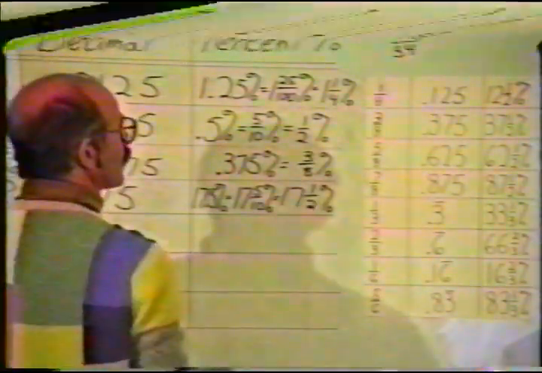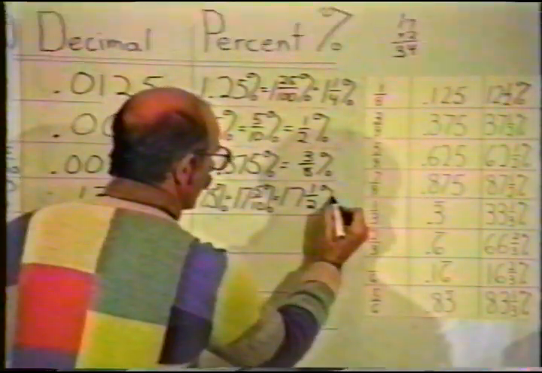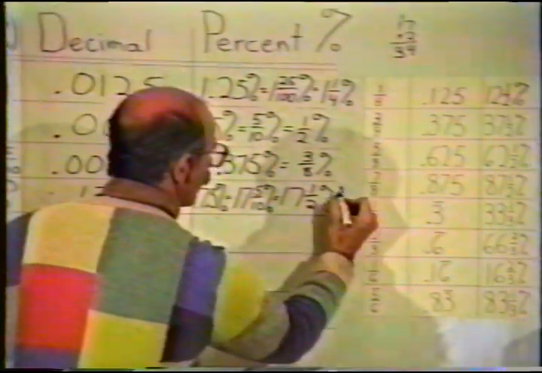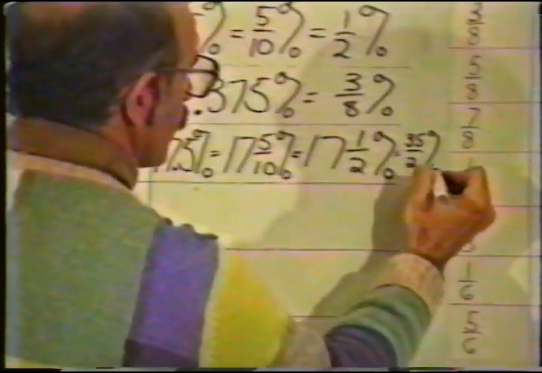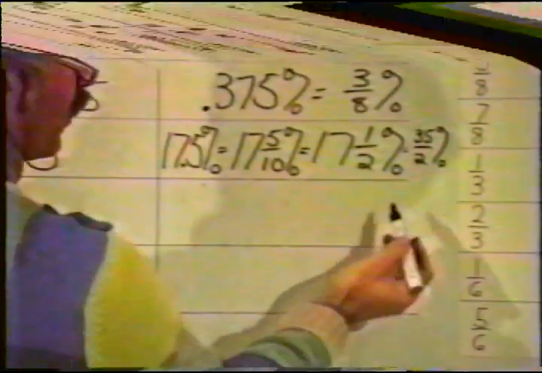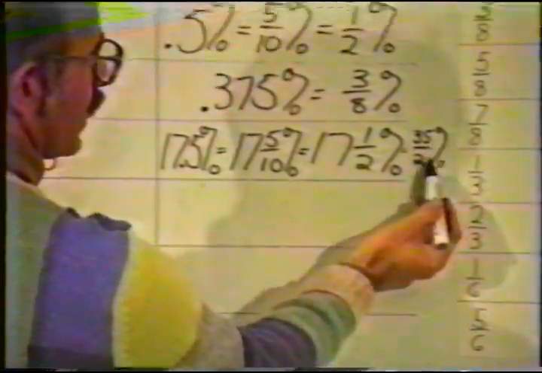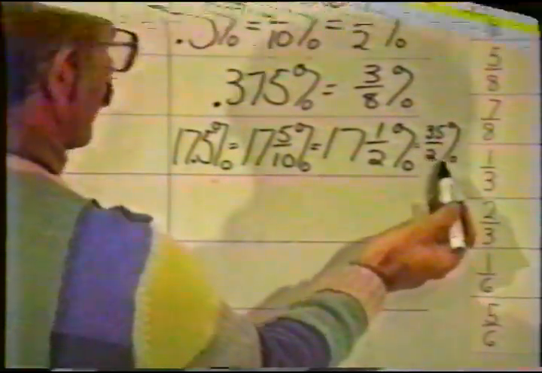Plus 1 is 35 halves, isn't it? I barely have room to write it here. 35 halves percent. Then, if we want to change that to a fraction, we just take away the percent sign and add 2 zeros, and we'll get 35 over 200.